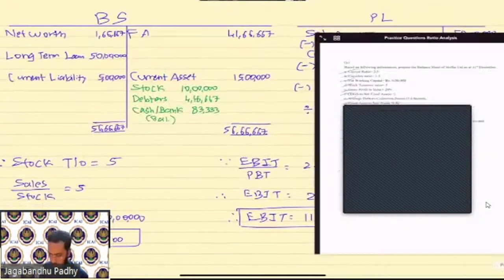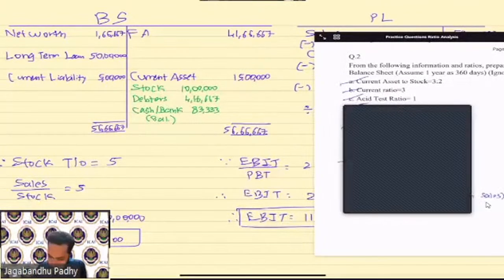Yeah, but if you look at the other parameters, it is actually not tallying, because there's another ratio called total liabilities to net worth, and it doesn't seem to be 2.75. So we cannot take this as a balancing figure.